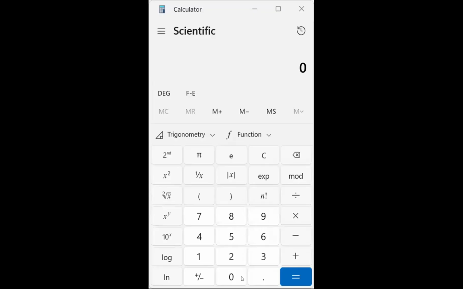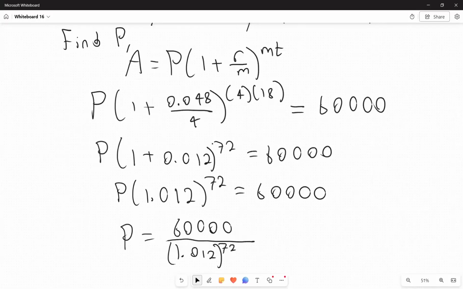So this is 60,000 divided by 1.012 to the power of 72. So that's going to be approximately $25,418.76. So that's the amount that these parents should deposit right now in order to have 60,000. So that's $25,418 with 76 cents.